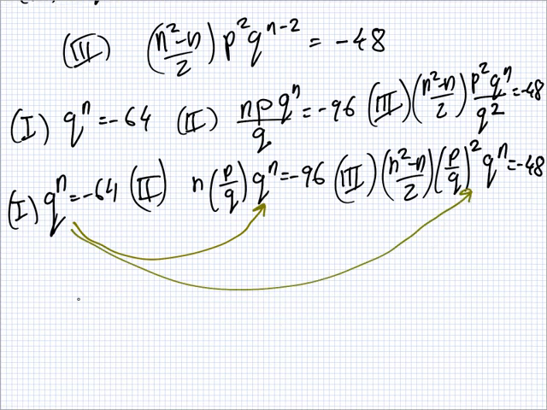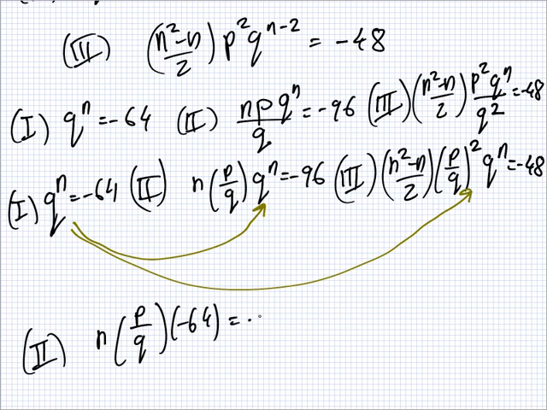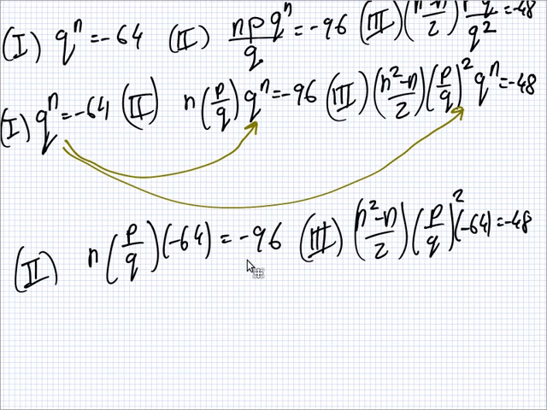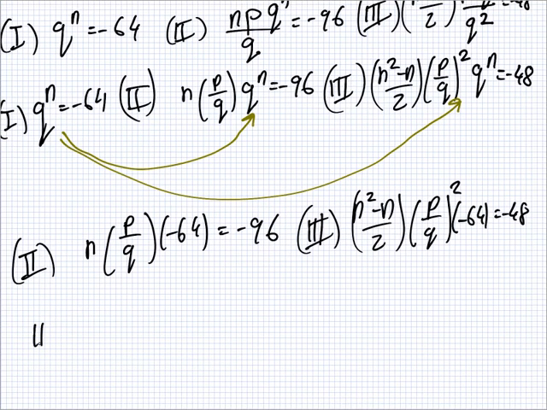So now I get equation 2 is n p over q times minus 64 equals minus 96. And then in number 3, I have n squared minus n over 2. What is this now? This is still p over q squared, but this is now minus 64. That equals minus 48. Okay, let's clean these two guys up here. Equation 2. 96 divided by 64, is that 3 over 2?